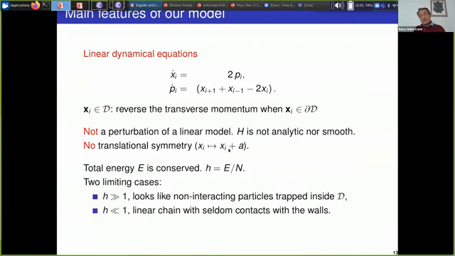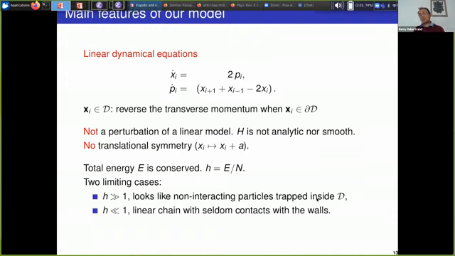Of course, it is still a Hamiltonian system with a time-independent Hamiltonian, so the total energy is conserved. And if I look at the energy per site, small h, there are clearly two limiting cases. One is when this small h is much larger than 1, then the problem looks like non-interacting particles.